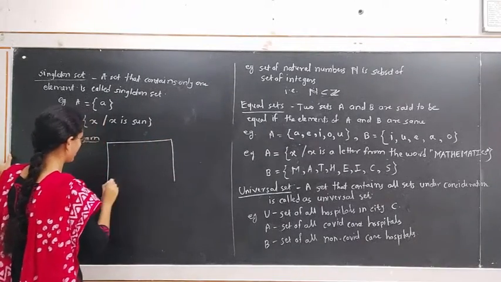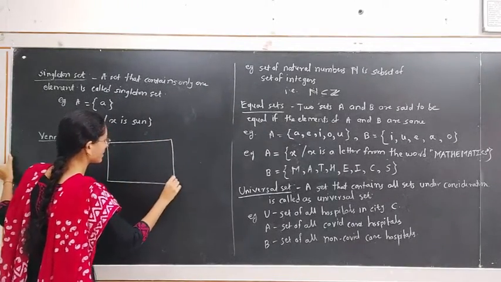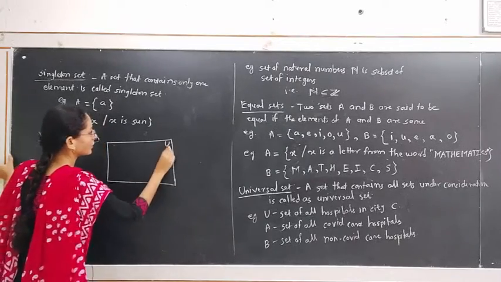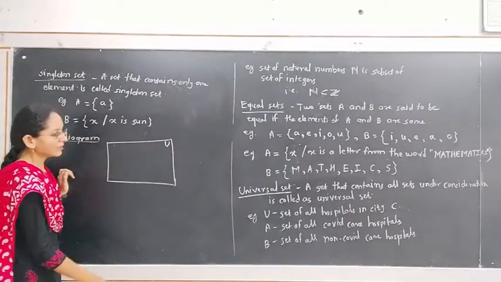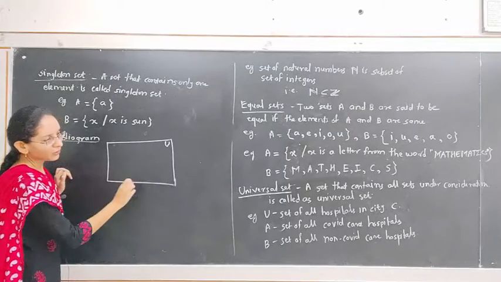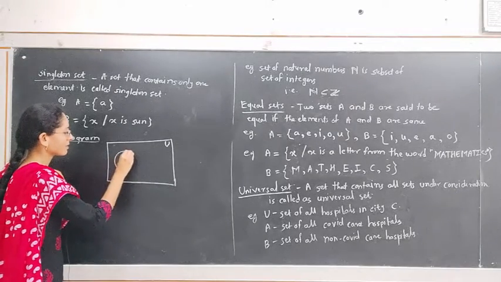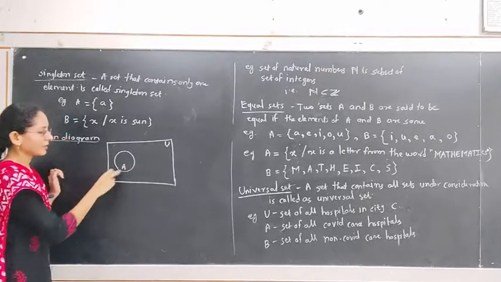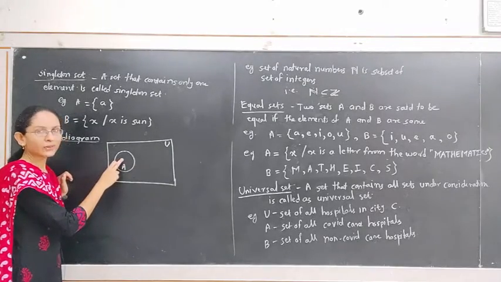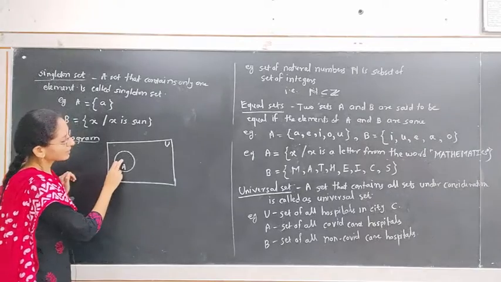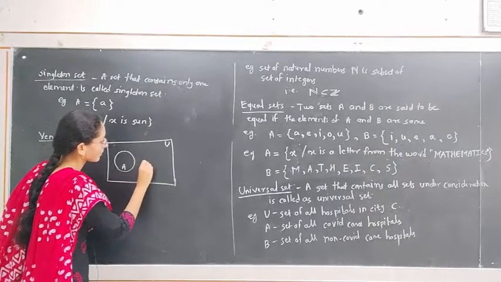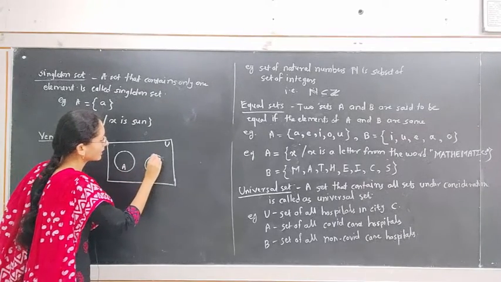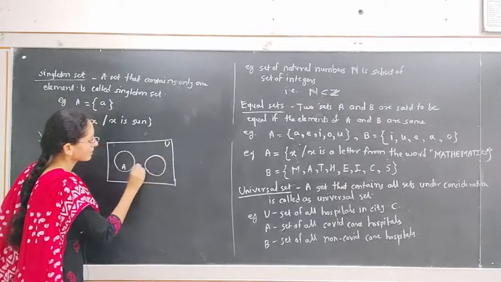Firstly, we require the set of all hospitals, which is the universal set denoted by U. Then A is the set of all COVID care hospitals. Suppose this set is A. Then set B is the set of non-COVID care hospitals.